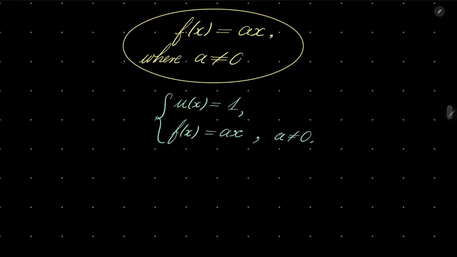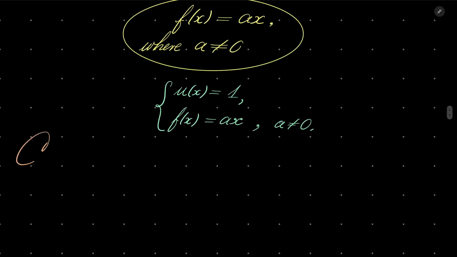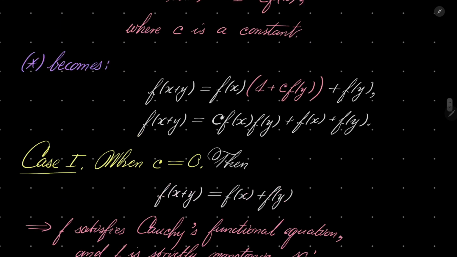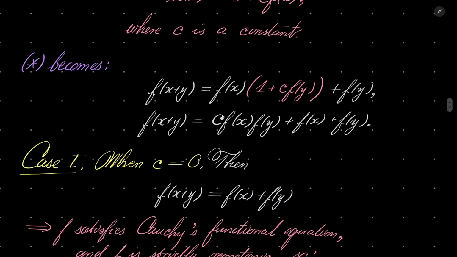Second case, harder. Case number 2, when c is not 0. Well, let's call this equation right here triangle.